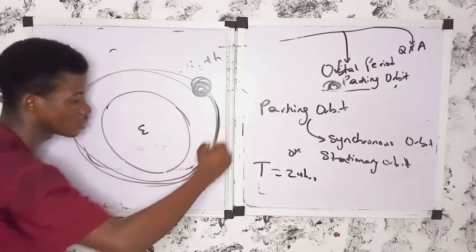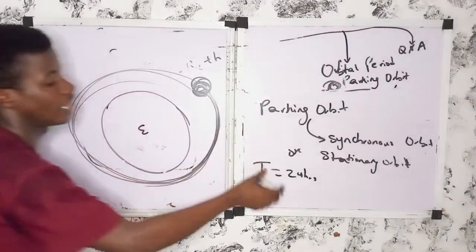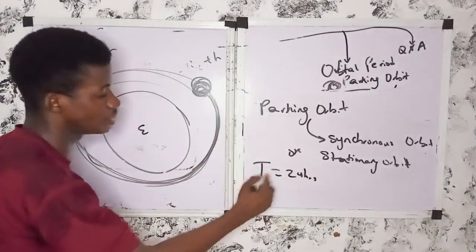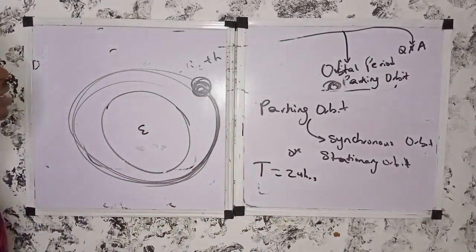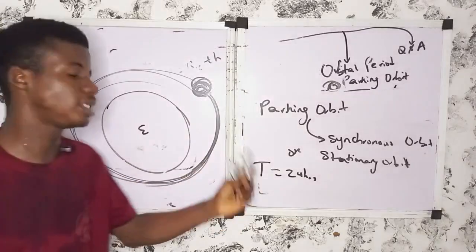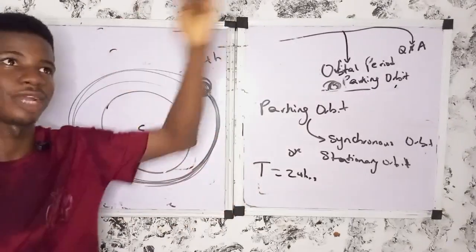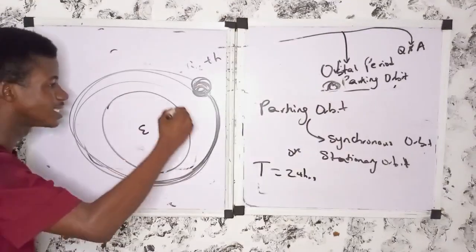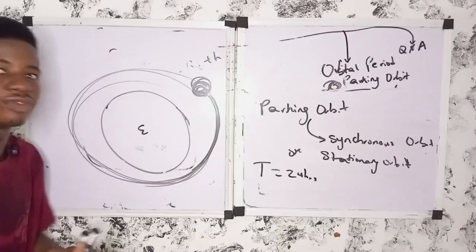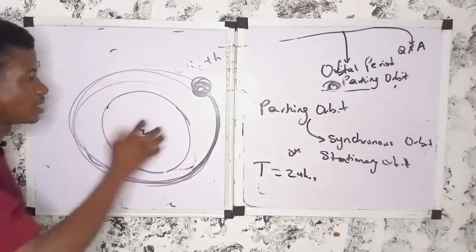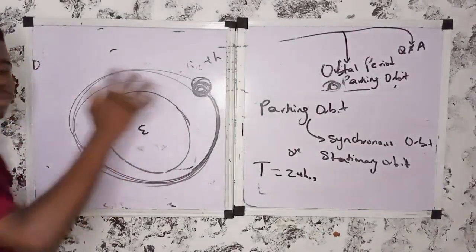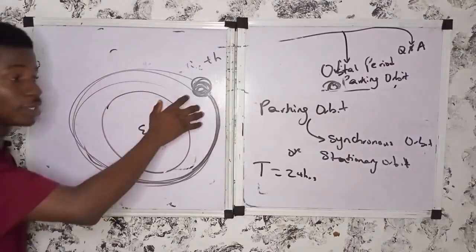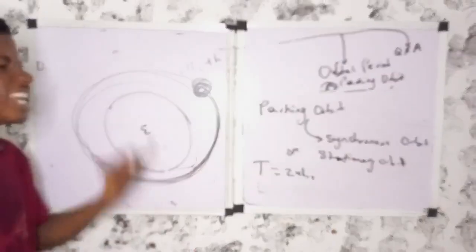The satellite is also revolving around the Earth at this same period, which is 24 hours. That is why the satellite appears stationary when you look at it. To look at it, the satellite is not moving, whereas the satellite is actually moving. Okay, so that is just parking orbit.